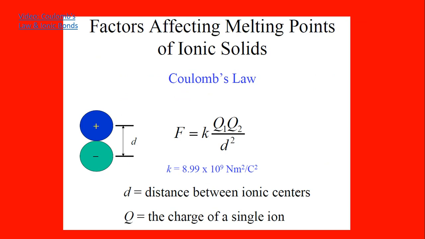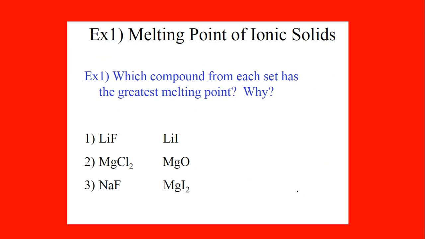Here we're looking at the charge of a single ion, as in a +1 charge or a +2 charge, compared to the distance between the ionic centers, basically the distance of the ionic radius. Since ionic solids are very endothermic and have a high lattice energy, they're hard to break, so they're harder to melt.